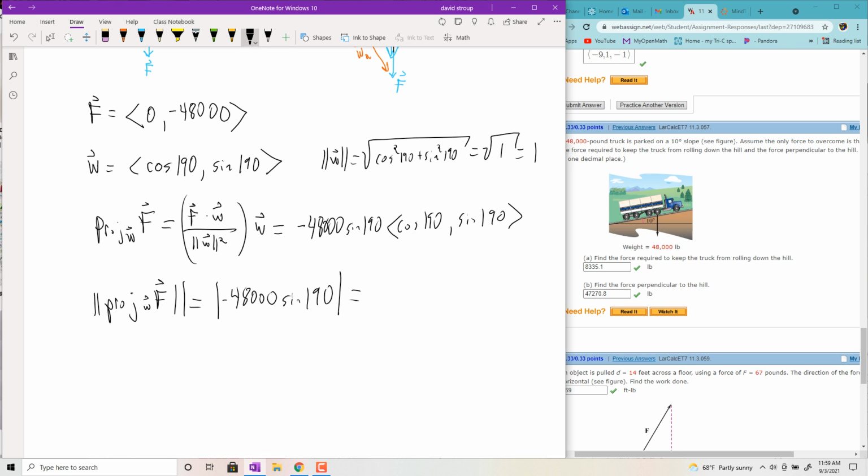So really all you have to do is find that thing. So maybe just do 48,000 times sine 190. So it's 8335.11 pounds. They only want 1 decimal in the actual question. So that's part A. What we just did, we found the force required to keep the truck from rolling down the hill.